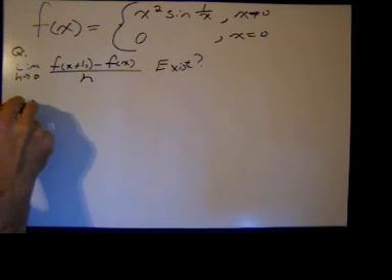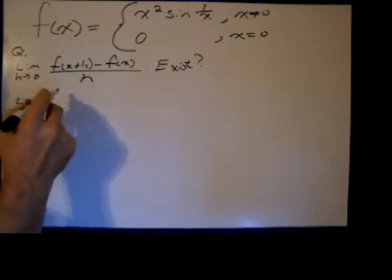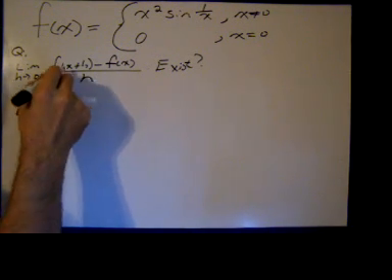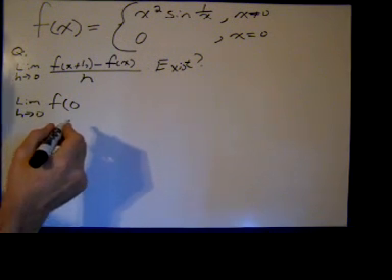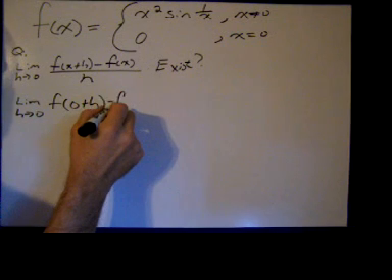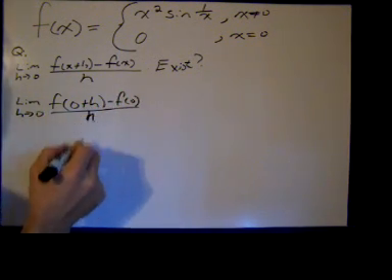We're going to take the limit as h approaches 0 of f of 0 plus h minus f of 0, divided by h, because we're looking at it as x approaches 0.